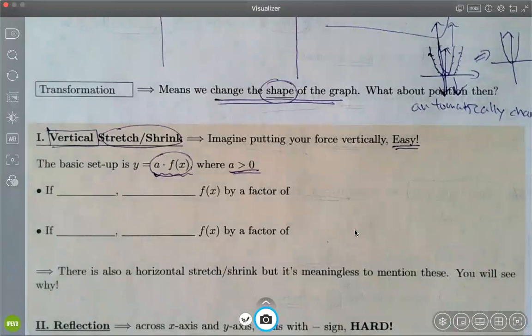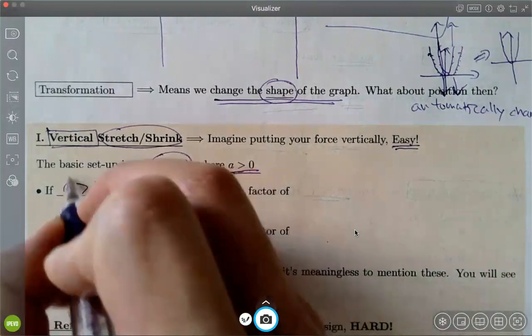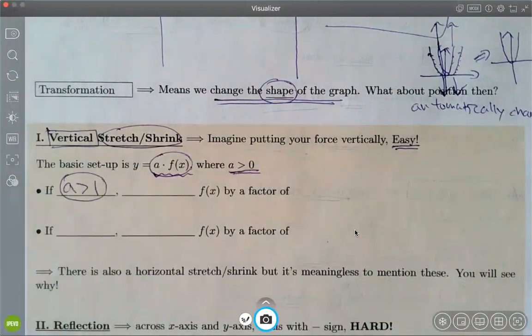Now, there are two cases. So a is greater than 1. When you multiply some number greater than 1, for example 2, 3, 4, or so on, think about it. If you multiply 2, 3, or 4 in front of your function, does it sound like a stretch or shrink?